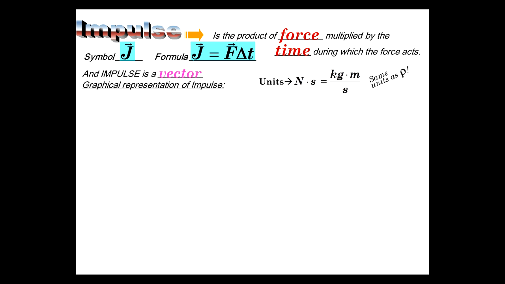All right, let's look at how we can represent impulse graphically. A force-time graph, and here's an example of an actual somewhat complex force. Notice that this force versus time also has an area. There's an area under the graph. Now if we represent that same area with a constant or average force, we would get something like this.